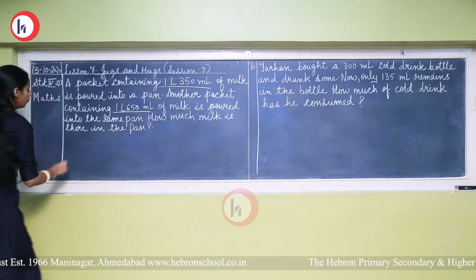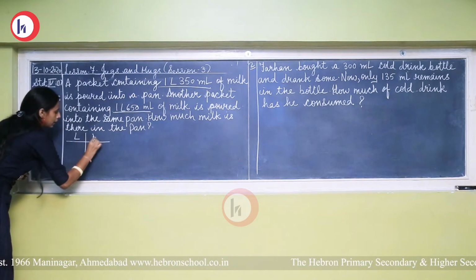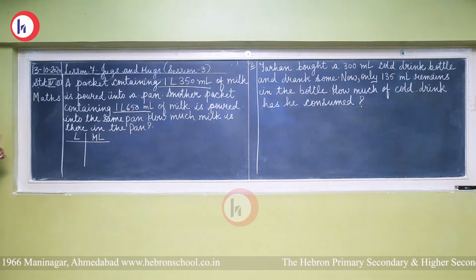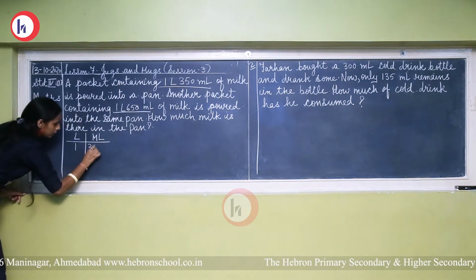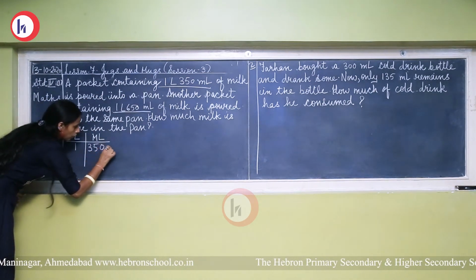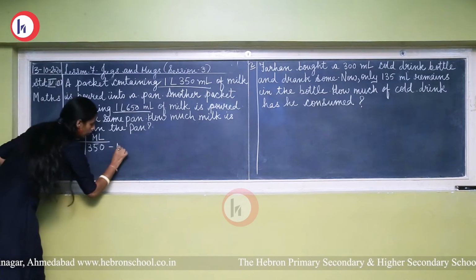So first of all, when we add liter and milliliter, we will write like this. Then first 1 liter 350 milliliter. What is this? This is the milk of one packet.